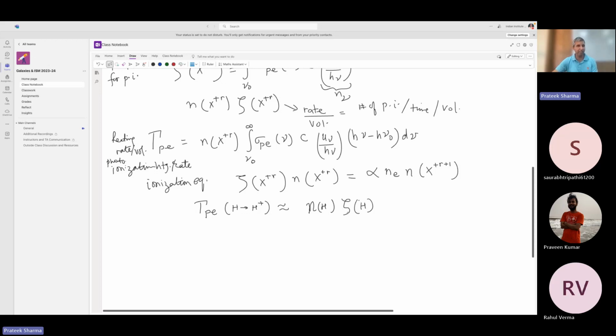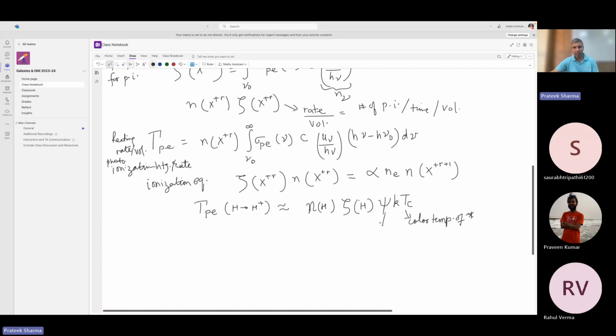So this is just the rate, right? n times zeta is just the rate per unit volume. But you have to multiply this by some energy. So what you can actually do is say psi times k T c. This k T c is the color temperature of the star. So this is basically the energy of the photon that's coming from the central star.